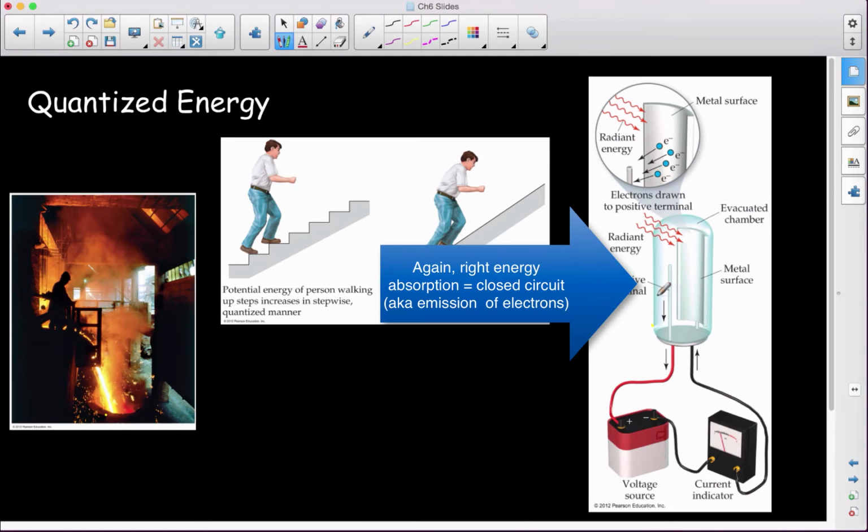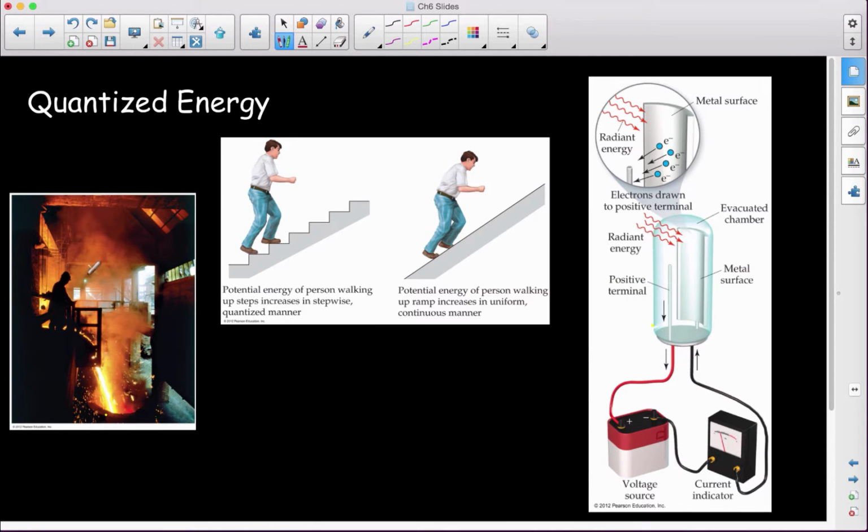And then people wondered, well, why does that close the circuit? Especially because, kind of like over here, it had to be a certain wavelength. It had to have a certain amount of energy, otherwise this did not occur, which led to the idea of quantized energy, that energy comes in distinct amounts, or that things can absorb energy in distinct amounts.